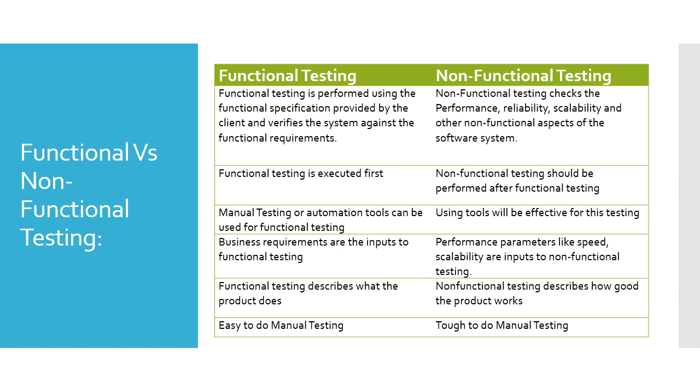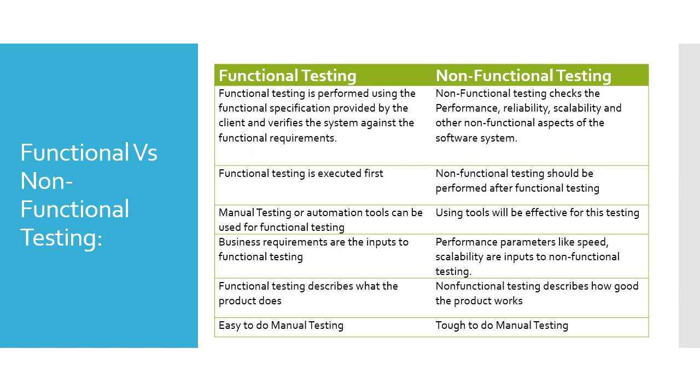Functional testing is performed using the functional specification provided by the client and verifies the system against the functional requirements, while non-functional testing will check the performance, reliability, scalability, and other non-functional aspects of the software system.